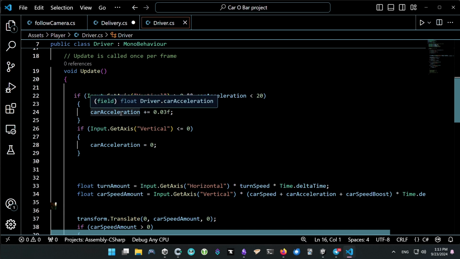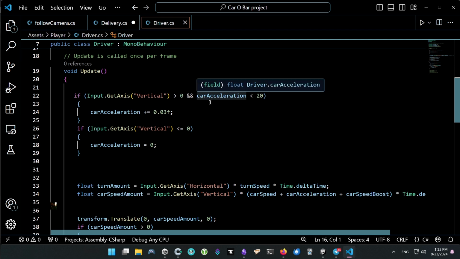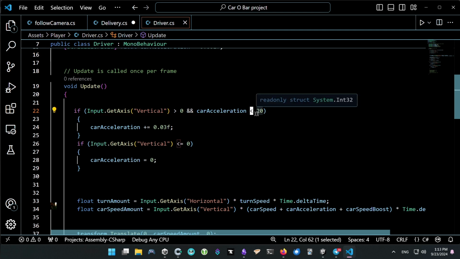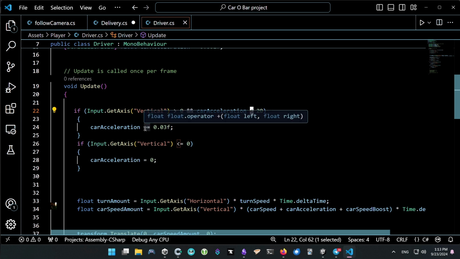And yeah, this is my control for getting access to vertical for going forward or backward. And acceleration is the way that I did it. I said when acceleration is less than 20, car acceleration should be added, like incremented by 3.